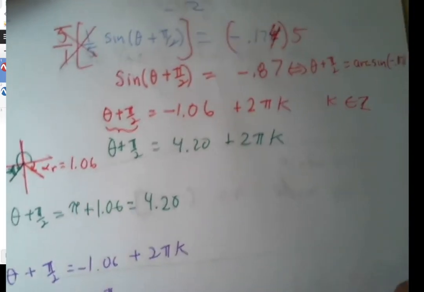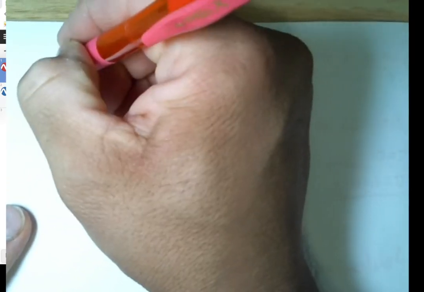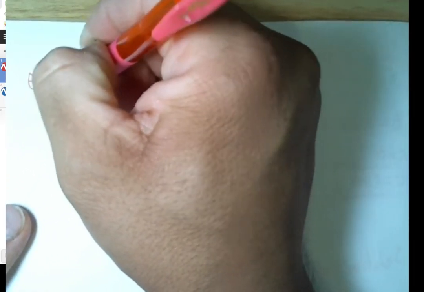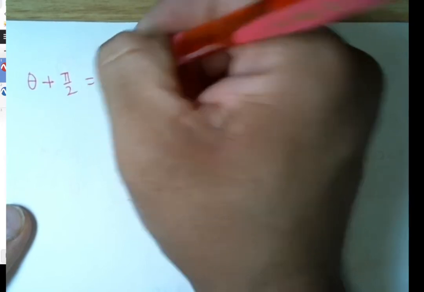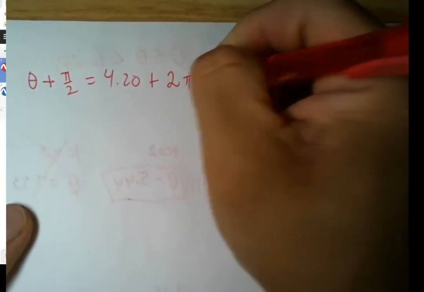Okay, so let's move on to our second equation. In our second equation, we get theta plus pi over 2 equals 4.20 plus 2 pi k.